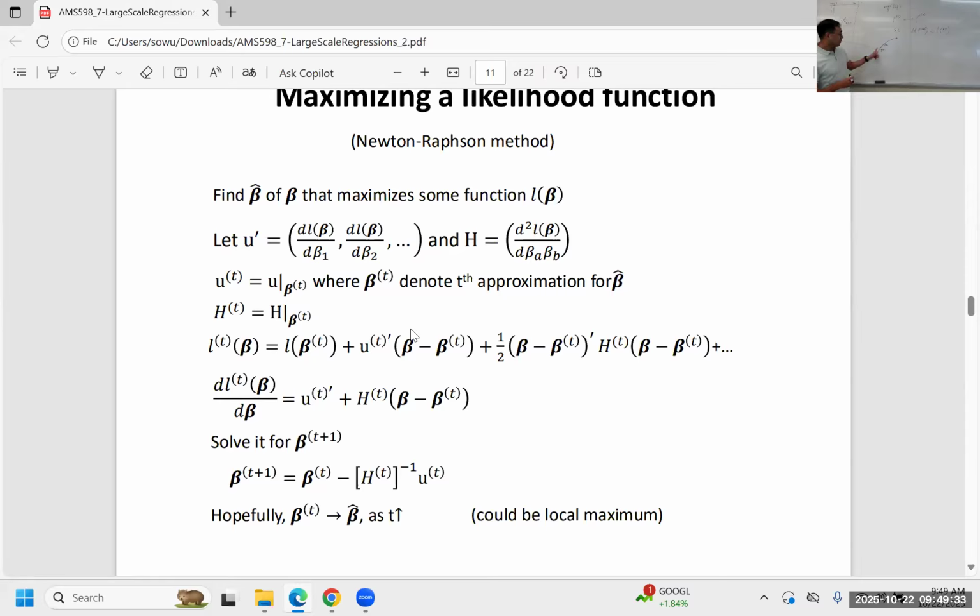Because if you can find an algorithm that can go up to the top, and at each step your target function is going to increase in value, and eventually get to the maximum, right? Now there's one thing. I want you guys to keep this in mind at the very beginning. If this is the first time you see this method, this kind of method is called a greedy method.